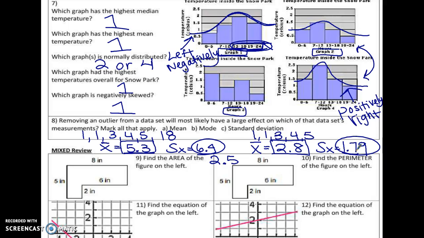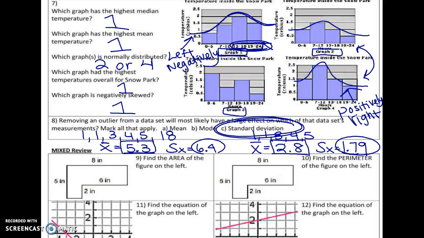So if you subtract these numbers out, you're going to get 4.61, which is a larger effect on that standard deviation, because standard deviation is how much the numbers are going to vary. You're comparing them together. Okay.